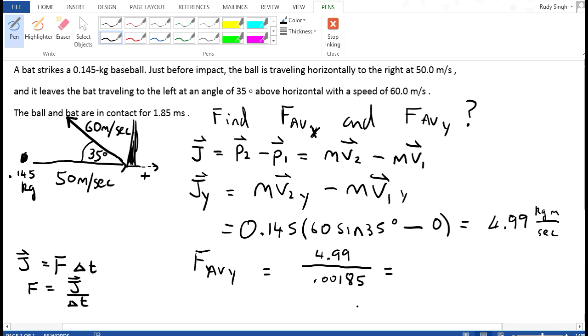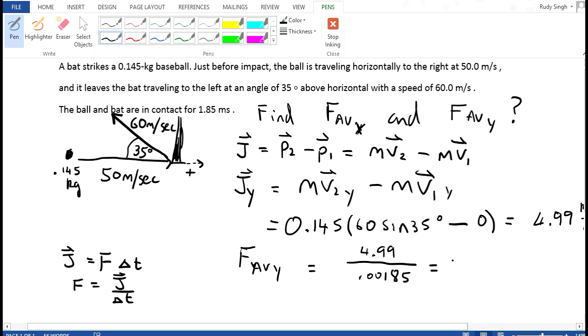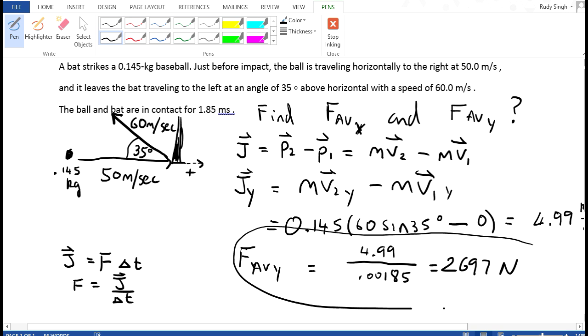And what you end up with is 2,697 newtons. And so that's the average force in the y direction. So you have to split this up. You have average force in the x direction and average force in the y direction.